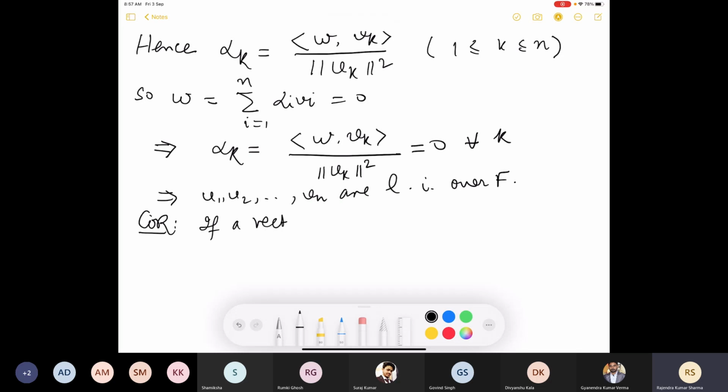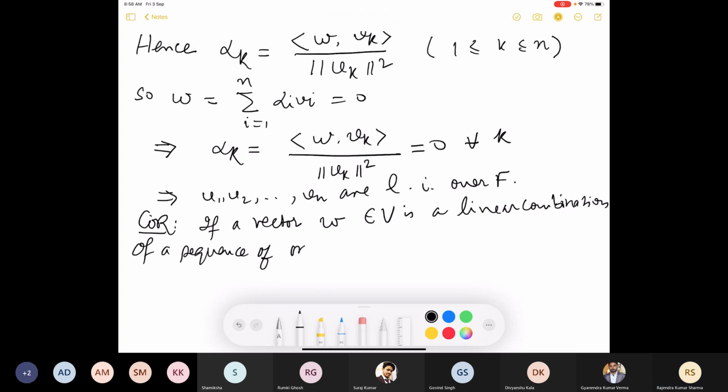If a vector W in V is a linear combination of a sequence of orthogonal vectors, say V1, V2, and so on up to Vn in V, an inner product space V over F, then this W can be determined.